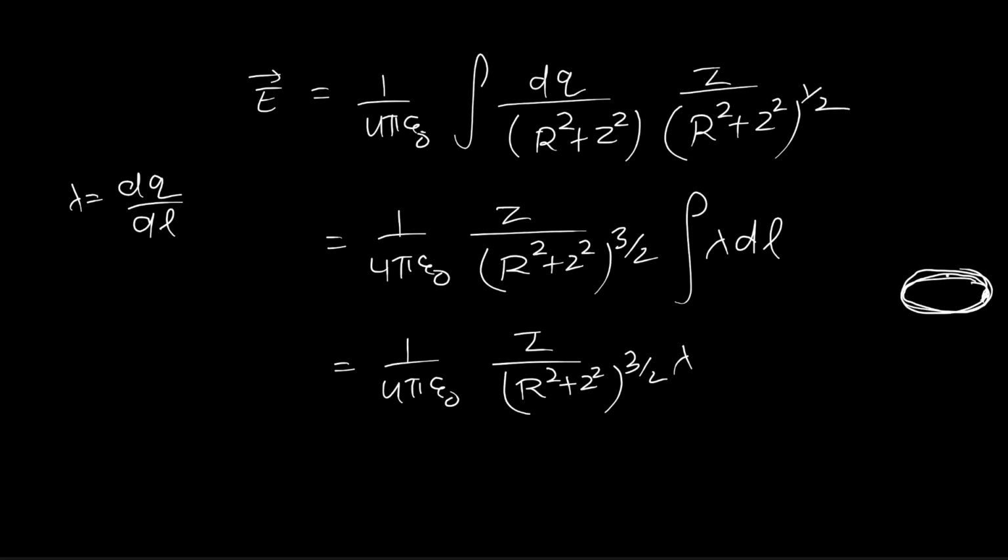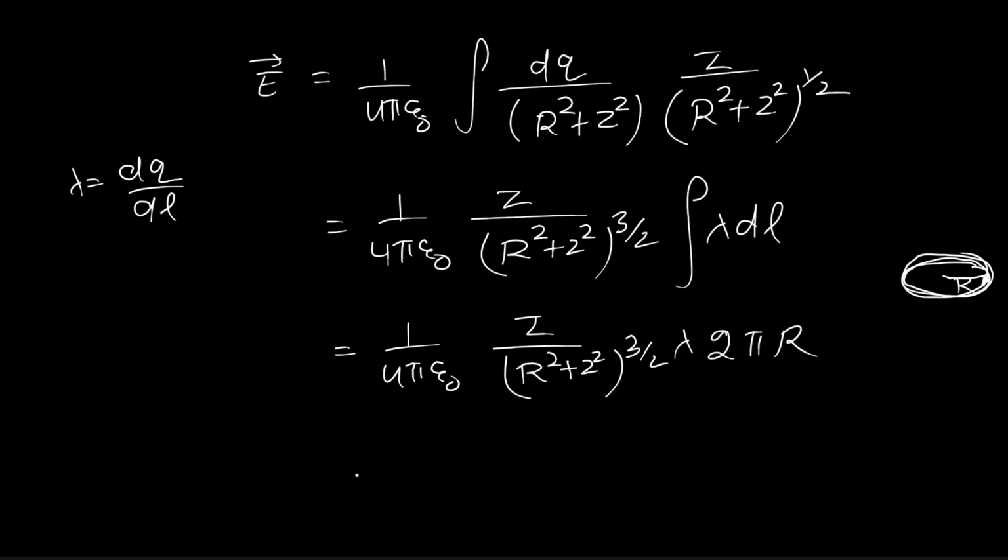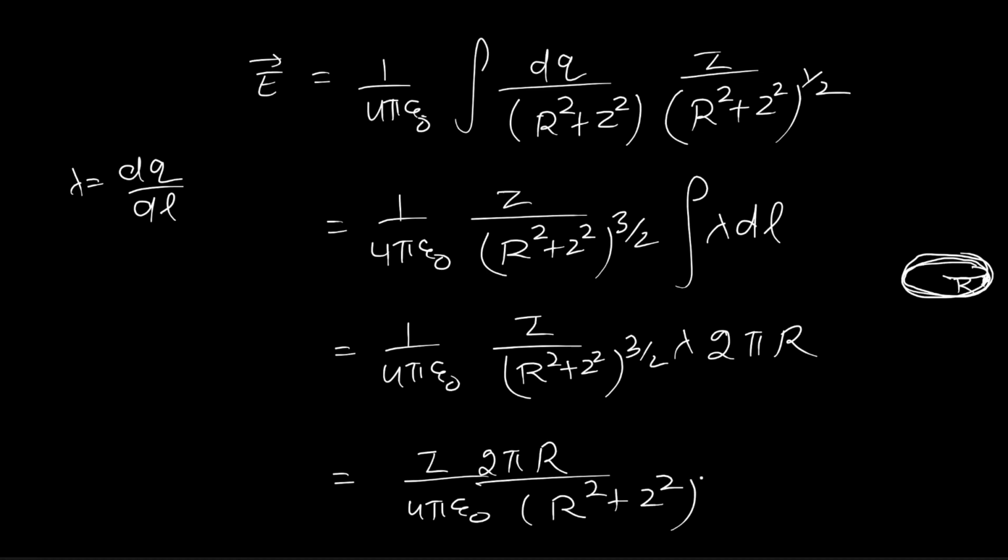If you have radius r, then the perimeter you will get is 2 pi r, and then the ultimate result you are getting is z by 4 pi epsilon naught, 2 lambda r, and below you are getting z plus r.